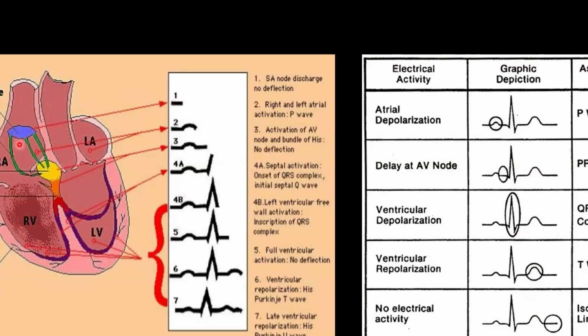As the impulse travels through the atrium, it creates what we call the P wave. And when it arrives at the AV node, there's an apparent pause, but there's no deviation from the baseline. And then the QRS is ventricular depolarization, followed by the ST segment and T wave, which represent recovery.